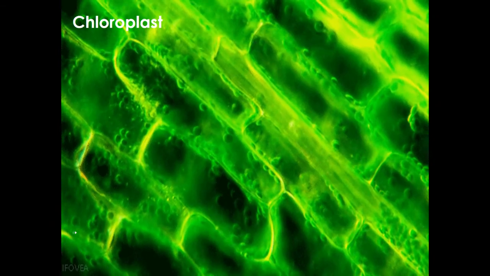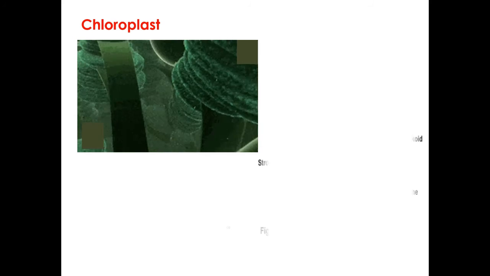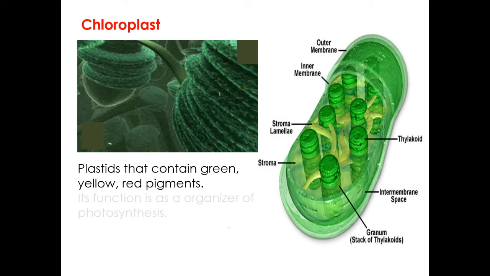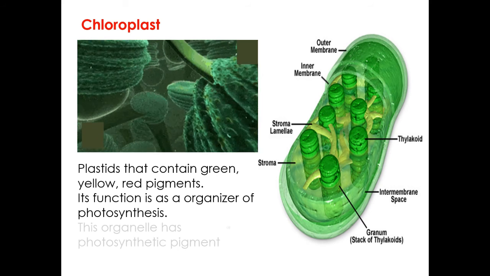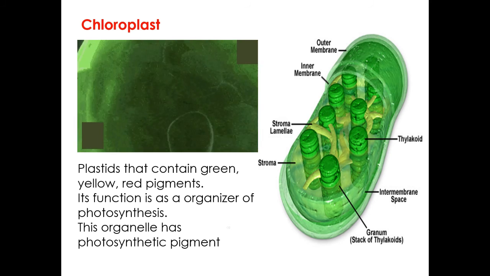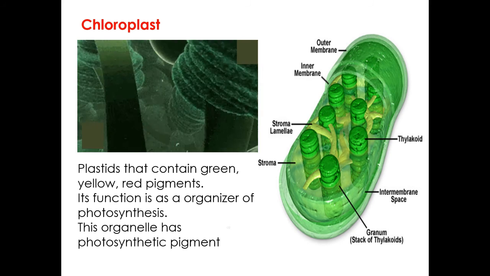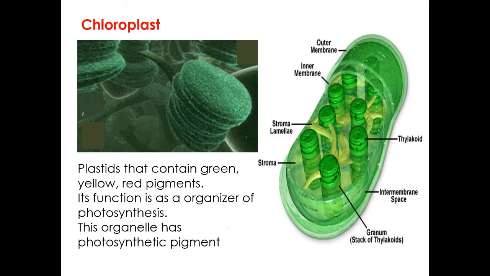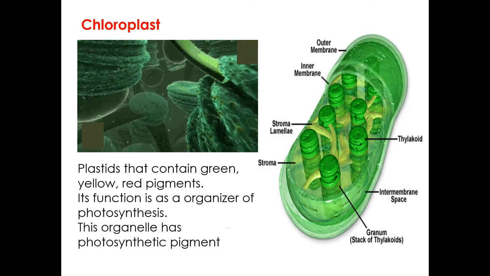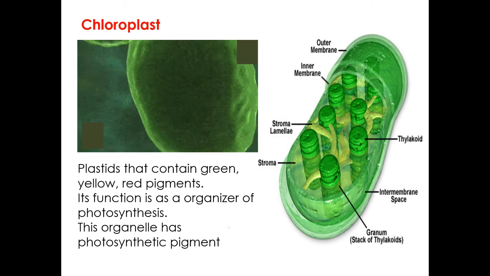The next part is the chloroplast. A chloroplast is a plastid that contains green, yellow, and red pigments. They function as the organizer of photosynthesis.